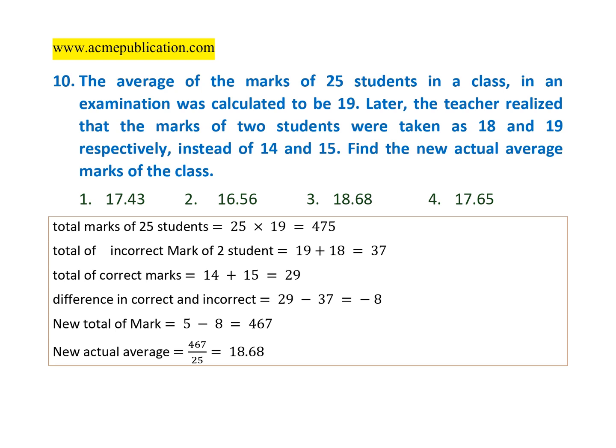Now, total of incorrect marks of 2 students is equal to 19 plus 18, that is 37. So, total of correct marks will be 14 plus 15 is equal to 29. Now, the difference between correct and incorrect is minus 8. So, the new total of marks will be 467. Now, actual average will be 467 by 25, that is 18.68.